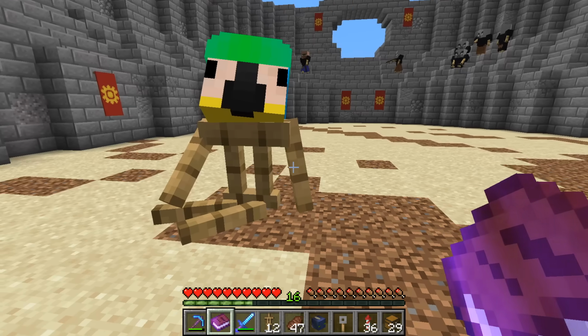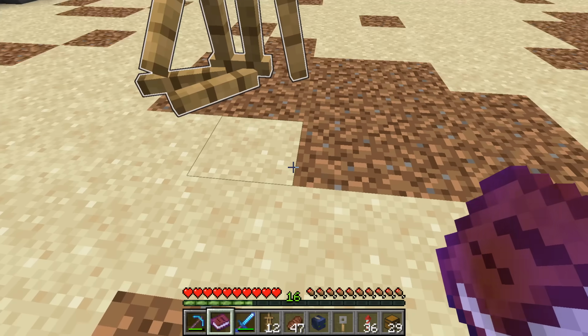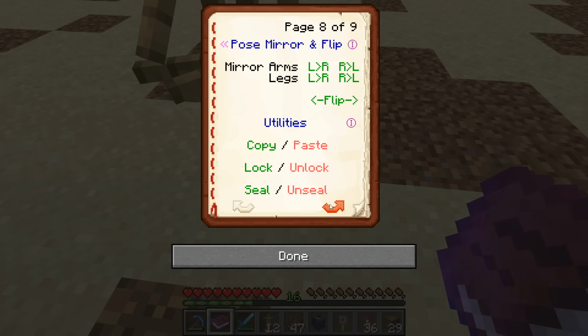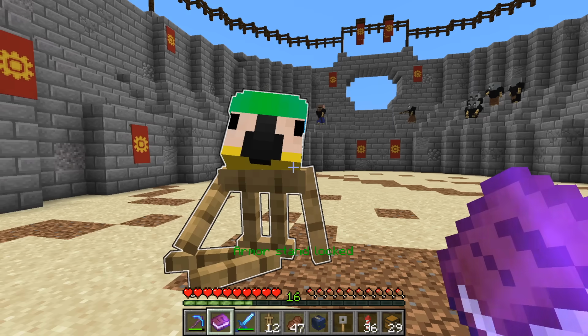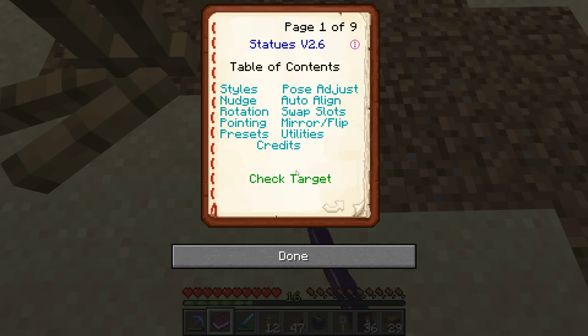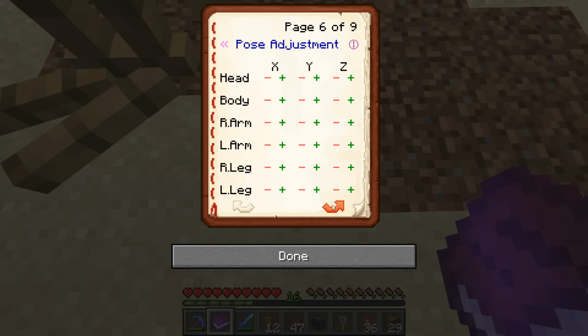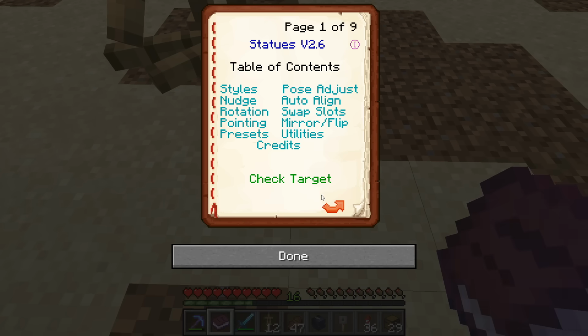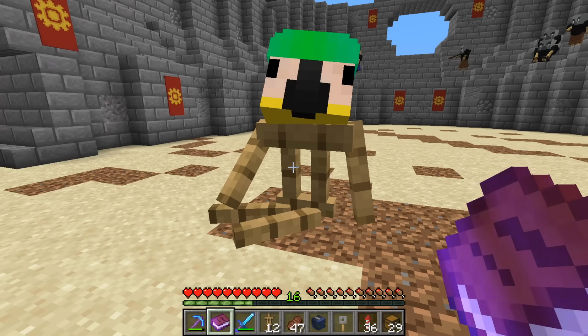Now, I can check my target and it lights up. If I'm working on a big project, you lock your armor stand after you're finished with everything. Lock. It's now locked. Now, if I were to get really, really close to him, and I want to move the left leg up, it won't affect. And also, if I check target, can't target that one.